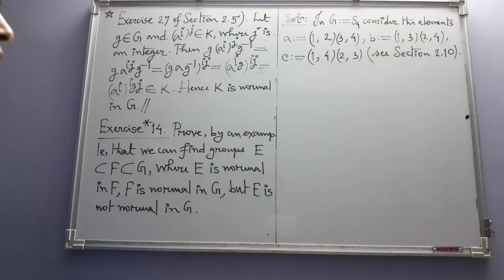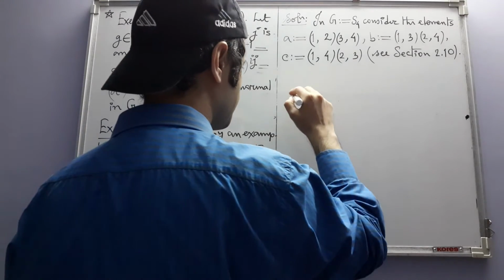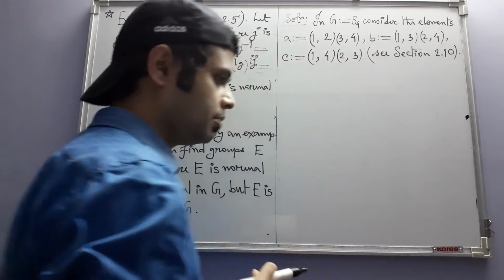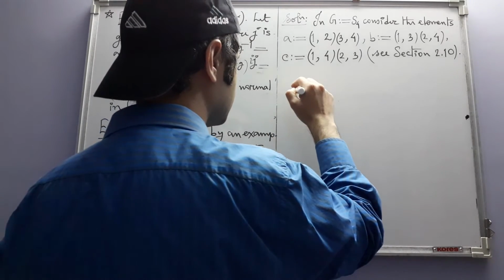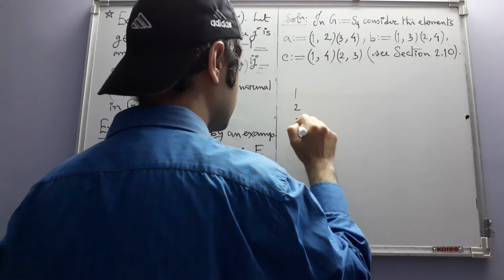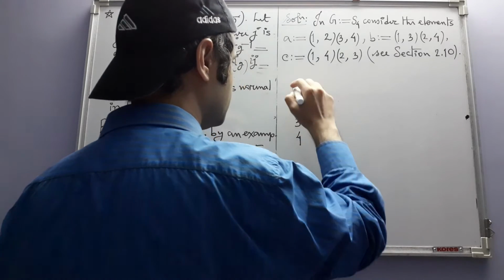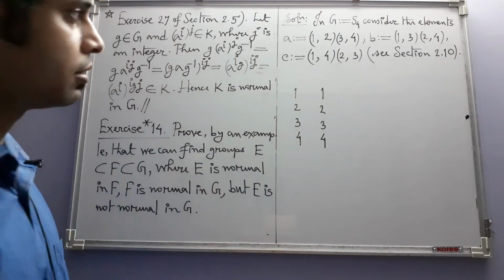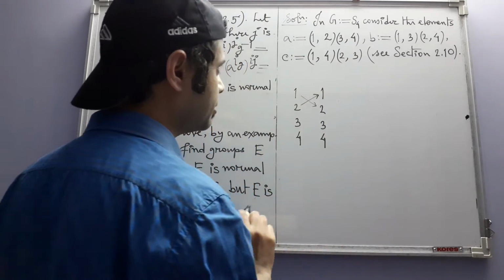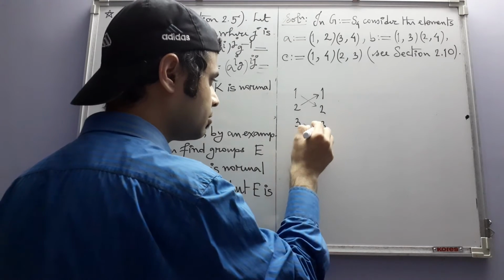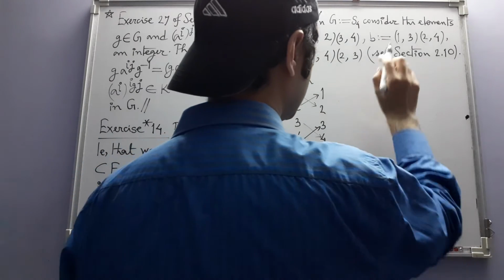If you are really curious to know what these elements are, then they are just this. These are supposed to be bijective functions on a set of 4 elements. Say that set is 1, 2, 3, 4. Then A is the bijection that maps 1 to 2, 2 to 1, 3 to 4, and 4 to 3.